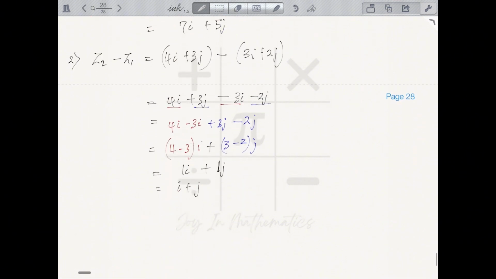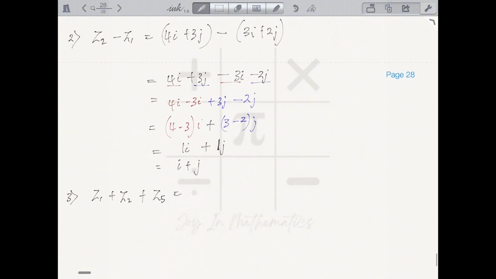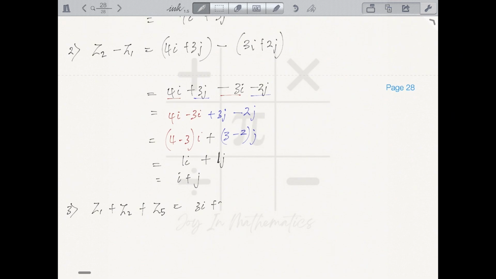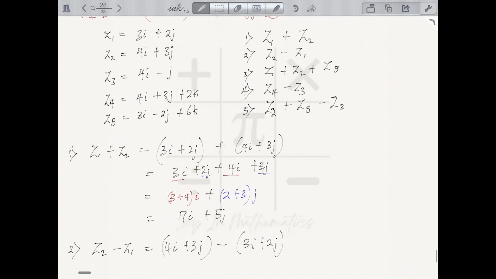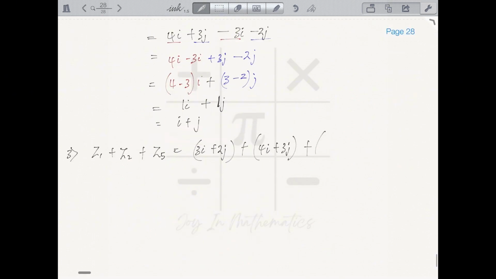Question 3: z1 plus z2 plus z5. z1 is equal to 3i plus 2j. z2, as we have here, is 4i plus 3j, and our z5 is equal to 3i minus 2j plus 6k.